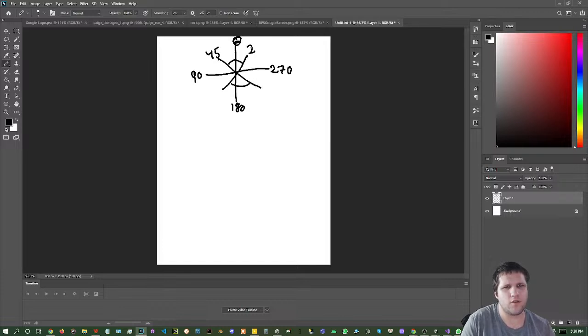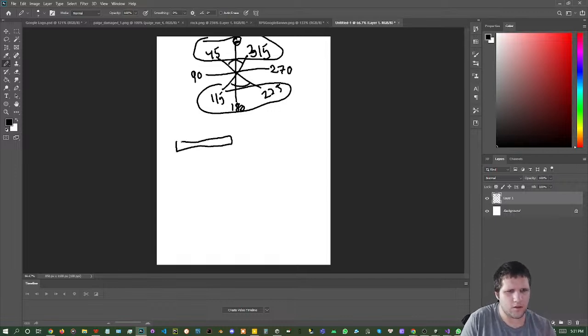And we want to keep our ball in a range from 45 to 315 and 115 to 225. So we want to keep it within these bottom and top values.